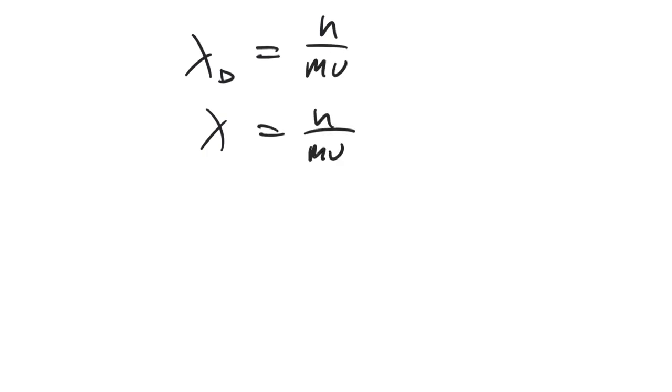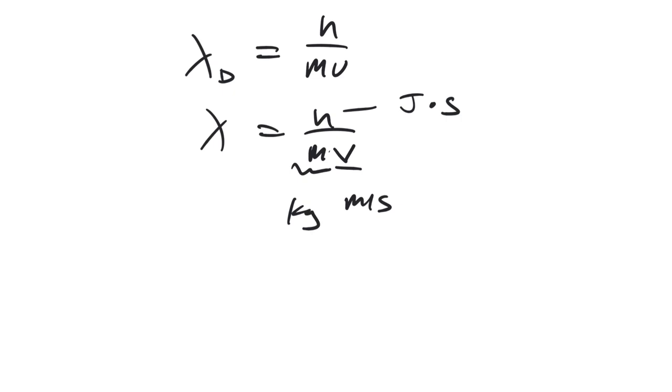So the de Broglie wavelength, sometimes we call it lambda D, but I think if you look in the equation sheet, it just says lambda is h over mv. So this is how you can calculate the wavelength. v is the velocity of the particle in meters per second. You need the mass of the particle in kilograms, and Planck's constant in joules times seconds.